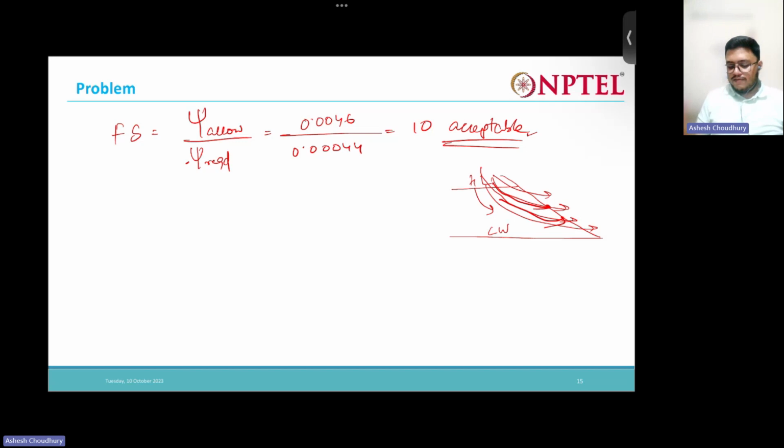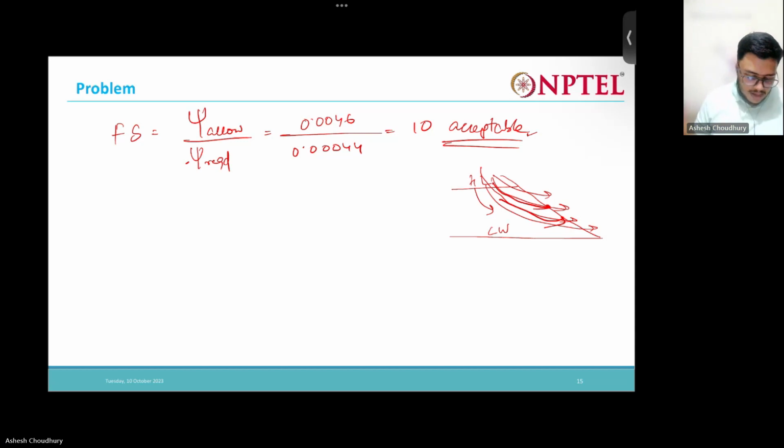Ultimately we find the factor of safety is acceptable. That means the present geotextile that we are considering is adequate to allow that amount of flow when the water recedes from this position to this position, and the water will pass through it easily.